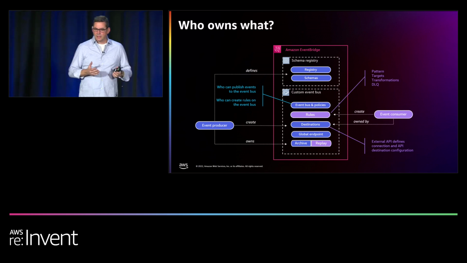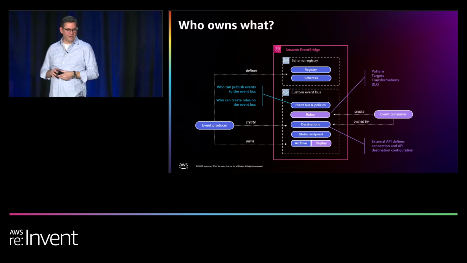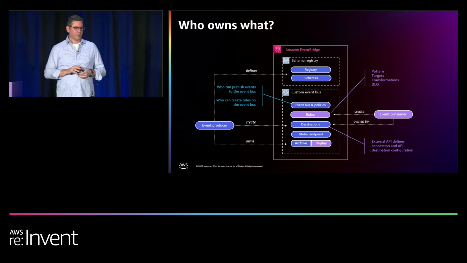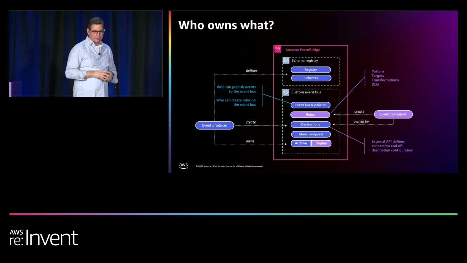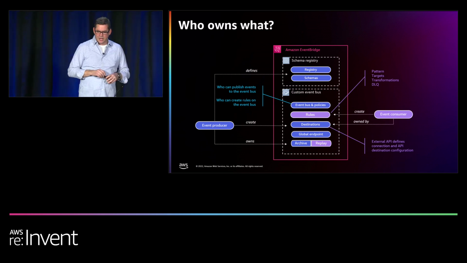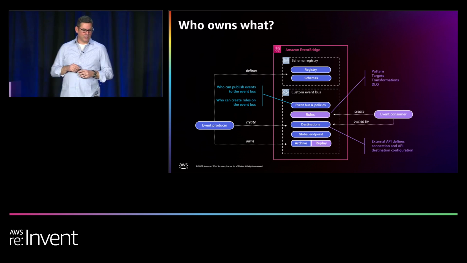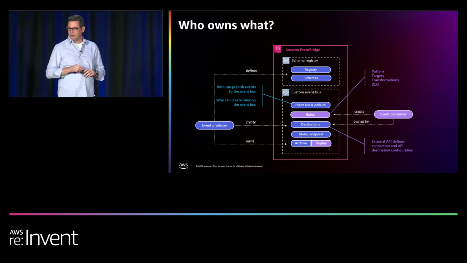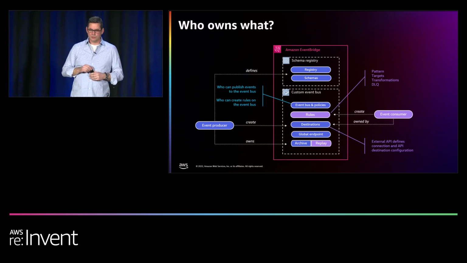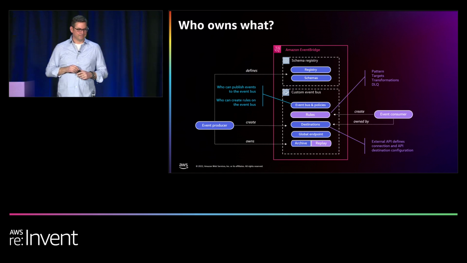Mainly, ensuring the integrity of the event itself. Now, one of the first things that needs to happen in this relationship is setting up the appropriate permissions on the event bus that allow producers to send events to the event bus itself. If you own the event bus, then this is a relatively straightforward exercise. But you also want to ensure that nobody else can publish events to those event buses.